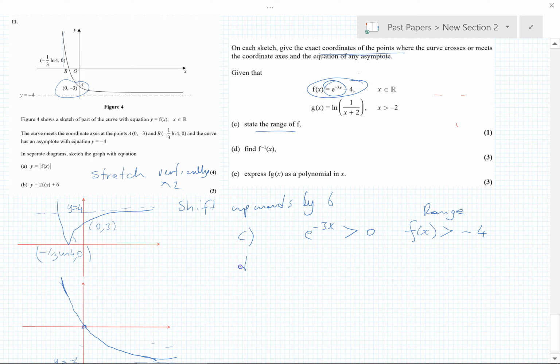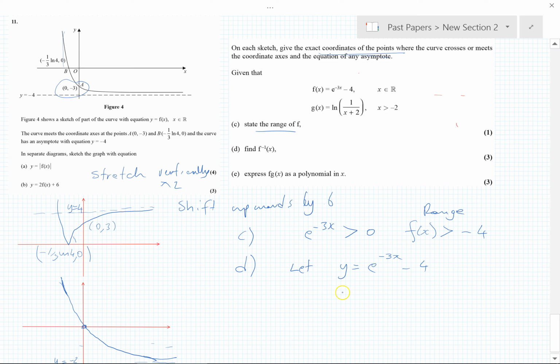Right, let's do part D. f inverse of x. Well, let's let y equal f(x), because it's difficult to write the algebra of f(x). So we've got y equals e to the minus 3x, minus 4. Now, basically we can swap the y and x values around and then rearrange. Some people swap the y's and x's at the end, some people do it at the beginning.